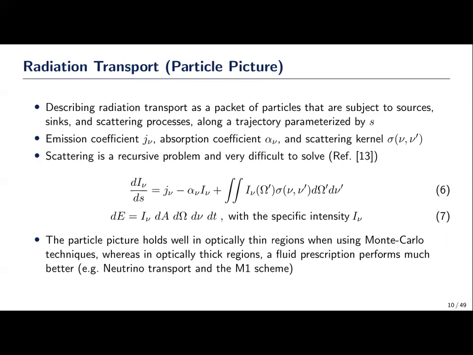Right now it's a challenge to interpolate between the methods that do well in optically thin regions, where the particle picture holds well, and optically thick regions, where a statistical approach holds well. And the intermediate region is just, people are trying.